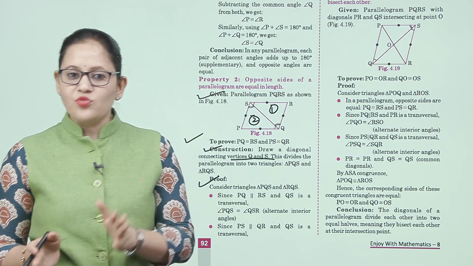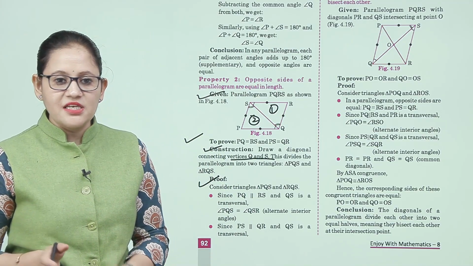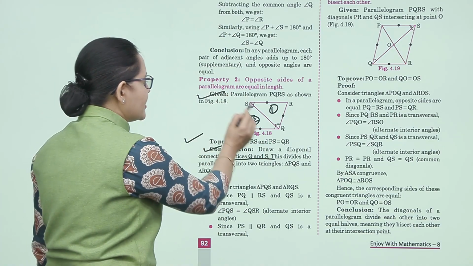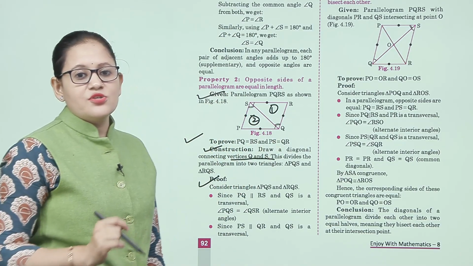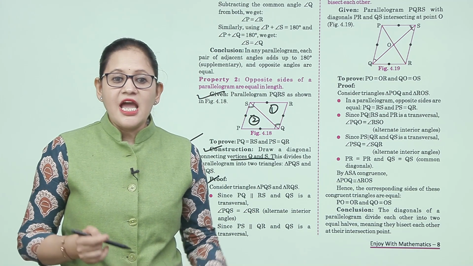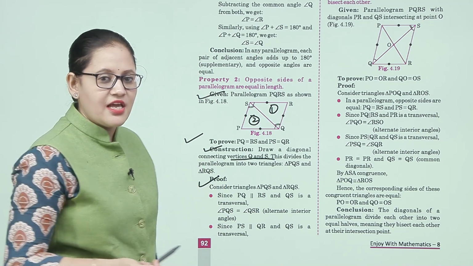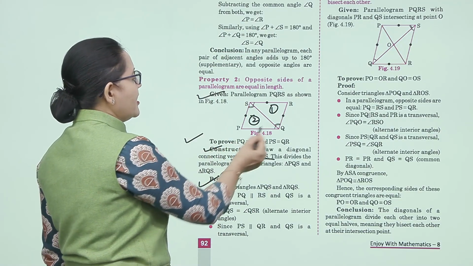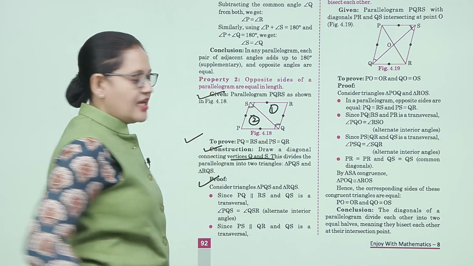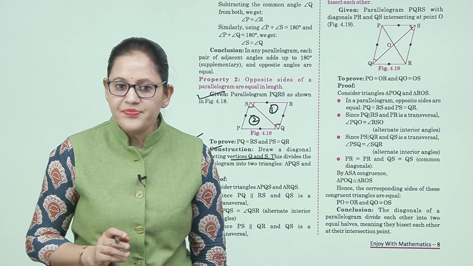Since PQ is parallel to RS and QS is the transversal, we can say angle PQS equals angle QSR. They are alternate angles.